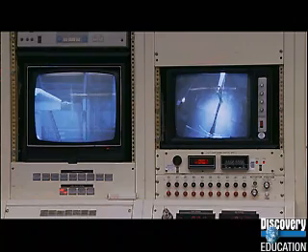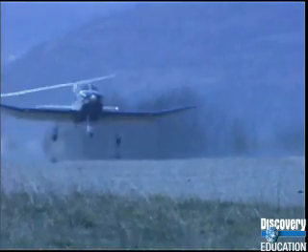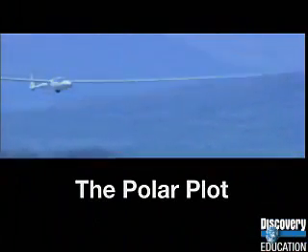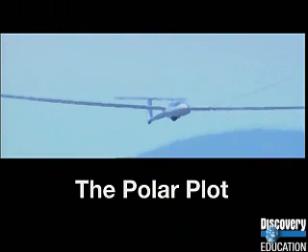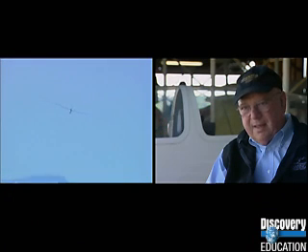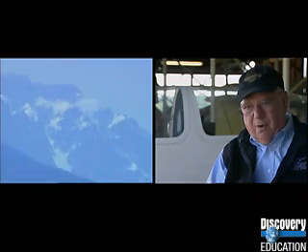And when you come down to analyzing the performance of the gliders, it's a combination of geometry and algebra. The heart of a sailplane's performance is the polar plot. The polar plot is either a calculated or measured chart of the sinking speed plotted against the forward speed. And this completely describes the glider performance.